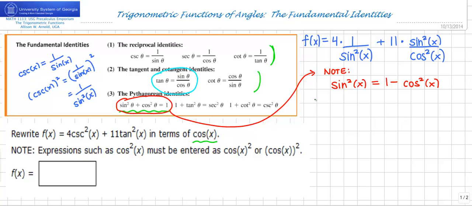So I can take my f of x and now take any values that are sine squared of x and rewrite them with the Pythagorean identity relating sine squared and cosine squared.